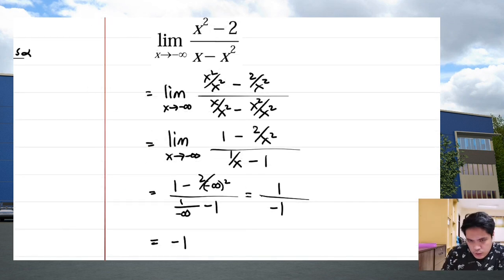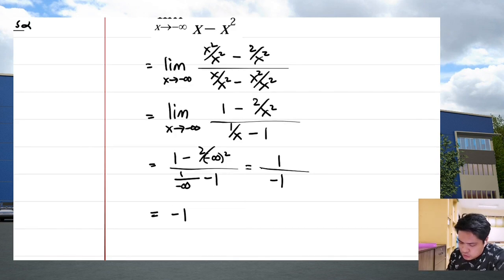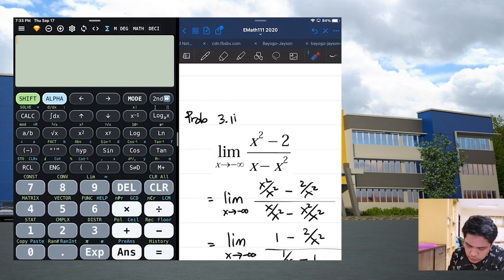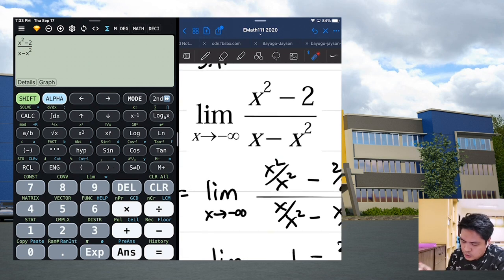Okay, so how do we verify this using calculator? So, lagay lang natin yung function sa calculator. So, that's x squared minus 2 divided by x minus x squared. So, x approaches to infinity. Again, we'll imagine infinity as a very large number. In this case, it's negative infinity.